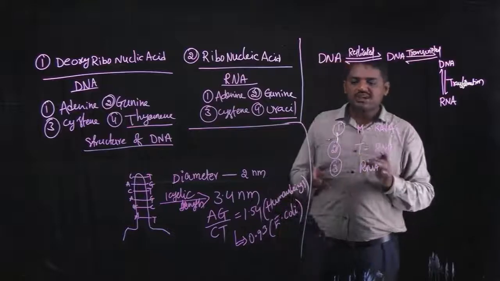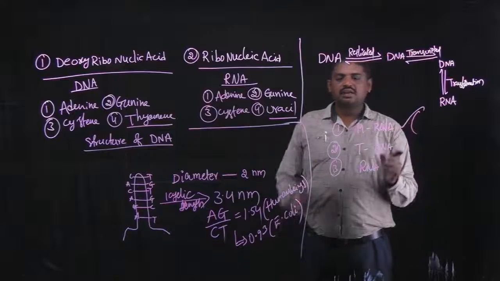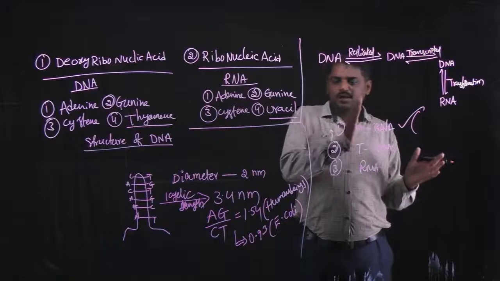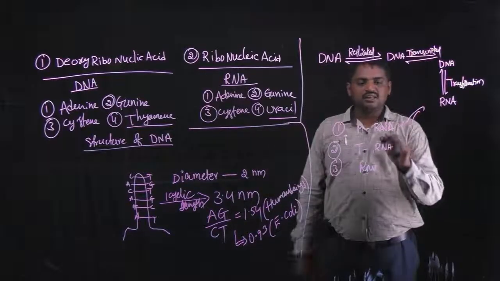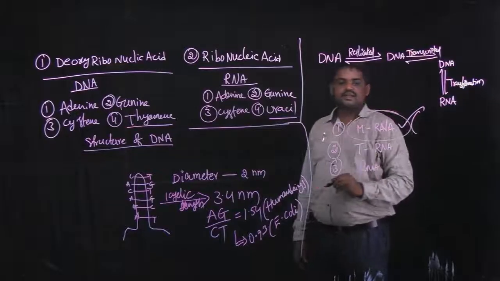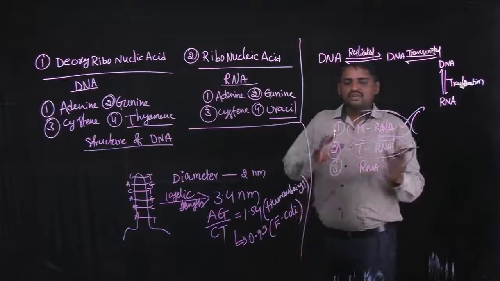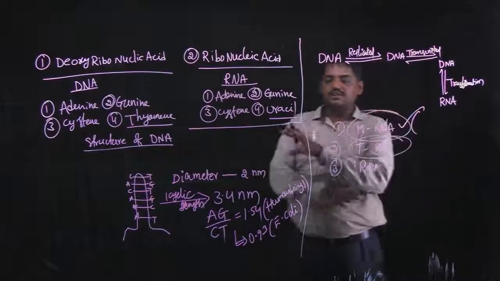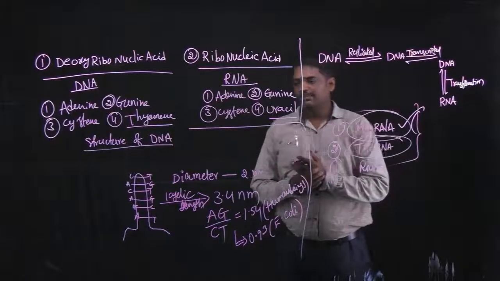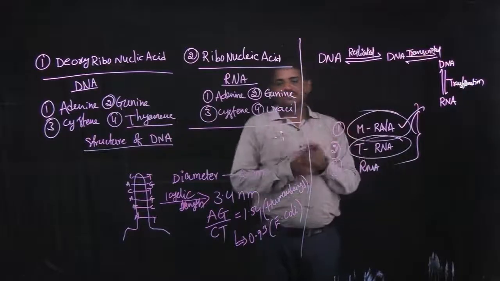The messenger ribonucleic acid is used to transfer the message from one cell to another cell. That is the importance of messenger ribonucleic acid. And transfer ribonucleic acid is used for the translation process. So these are the different types of ribonucleic acids.